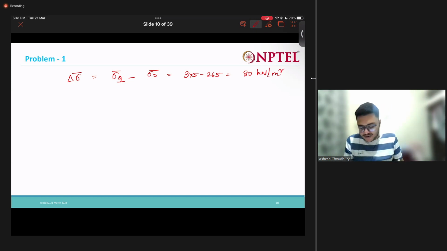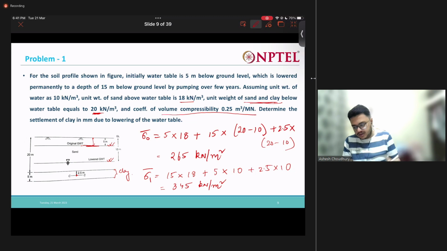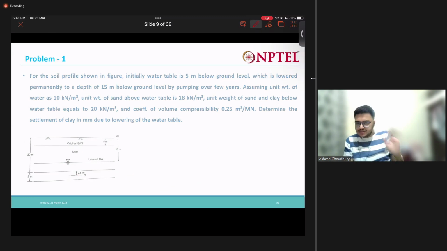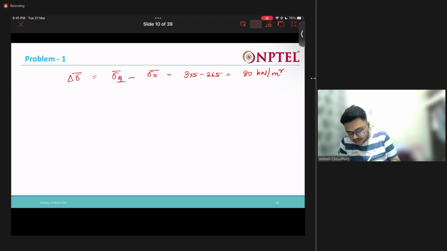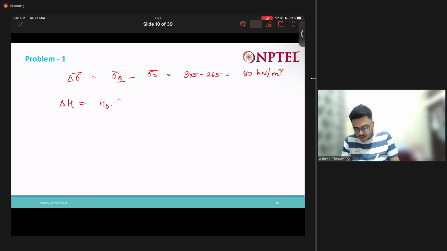Now to find the settlement, we have been given the value of the coefficient of volume compressibility. Please tell me the relation between settlement and volume compressibility. Settlement is H0 into mv into the increase in stress. What is my H0?